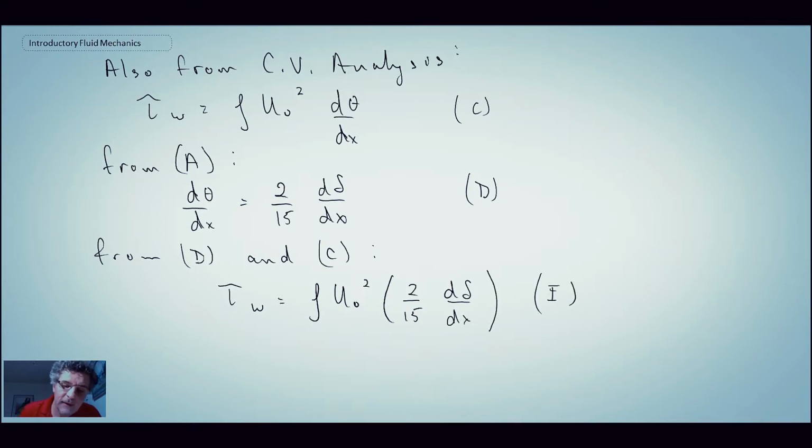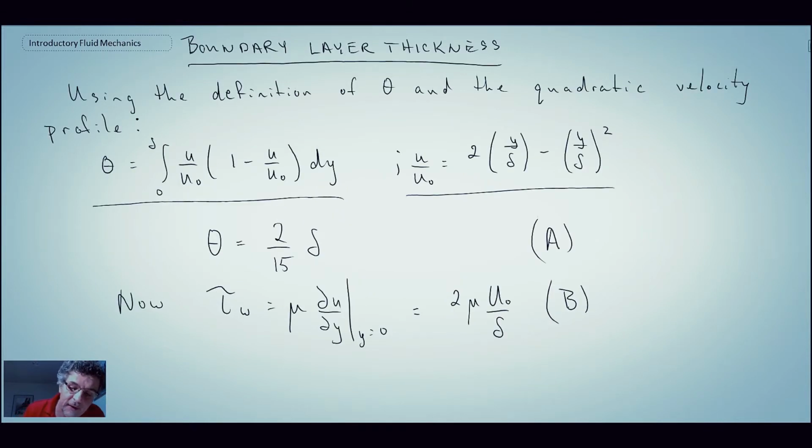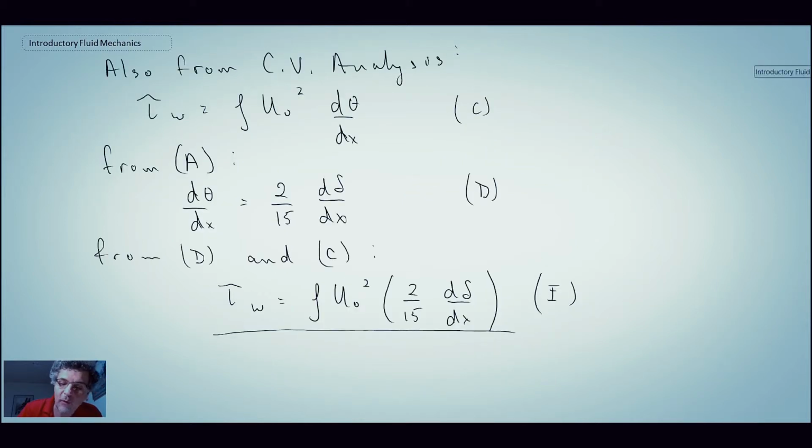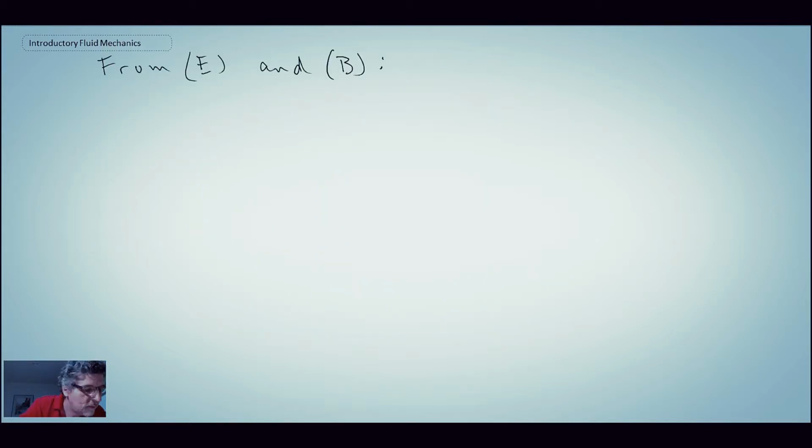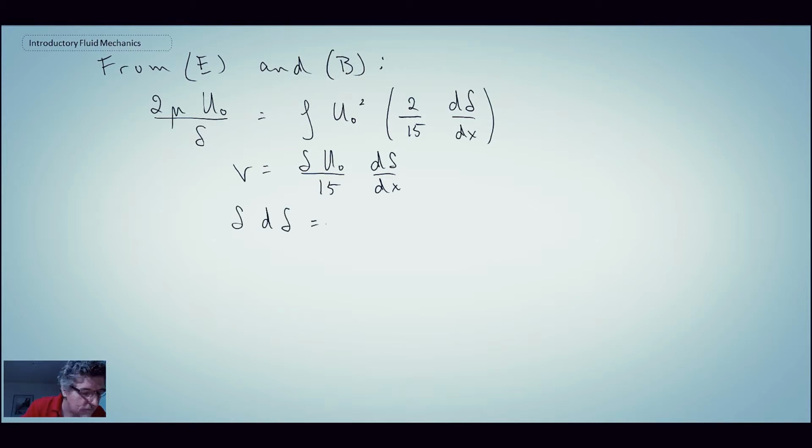Now what he did is he had this expression for shear stress. And if we look back here, he had this expression for shear stress. So he equated those two. So rearranging, he was able to come up with this relationship here. And what he then did is he integrated that.